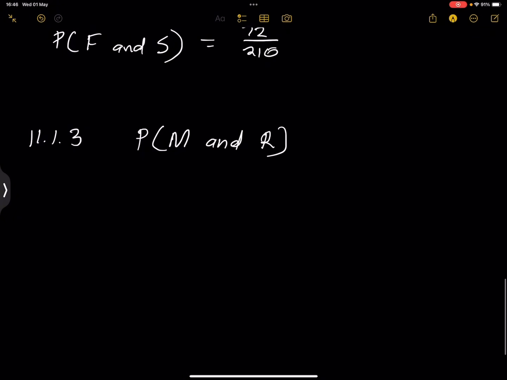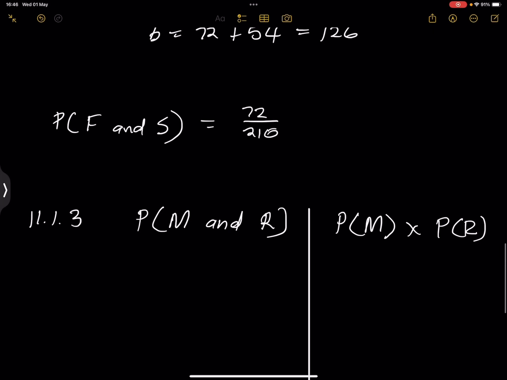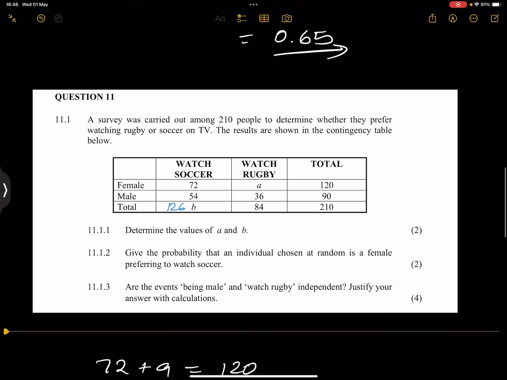So watching rugby, right? So if they are to be independent, it means the probability of being male and watching rugby would be equal to the probability of being male multiplied by the probability of watching rugby, right? So what I'm going to do is, let's separate them. Let's work out what's the probability of being male and watching rugby.